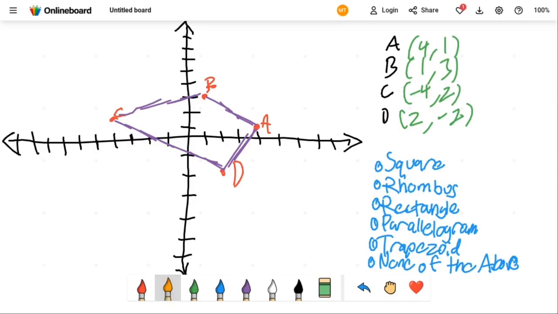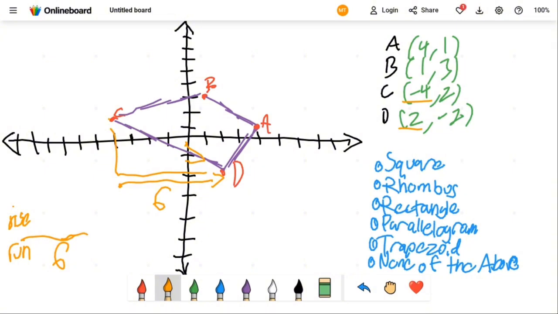So we're going to use rise over run to check the slopes of these lines and see if they're parallel. For line CD, we go from C to D. The run goes from -4 to 2, a distance of 6, so the run is positive 6.